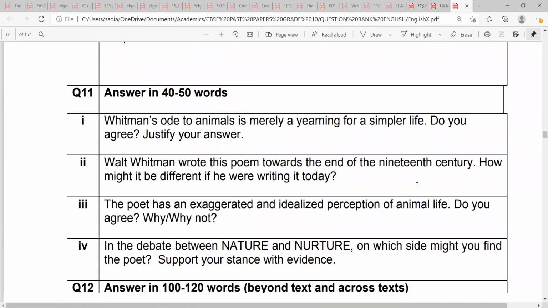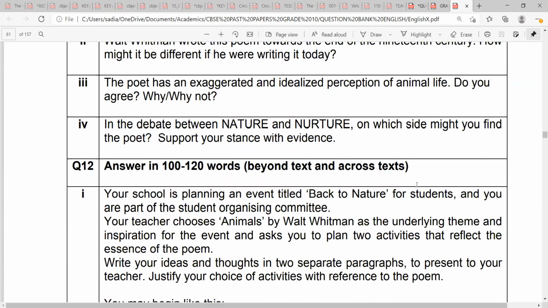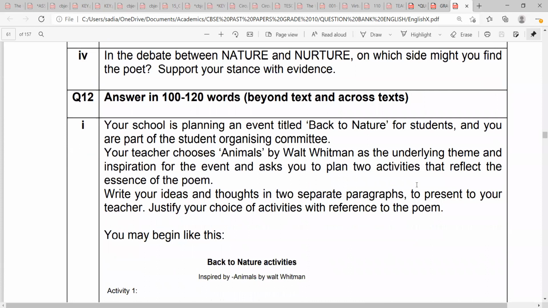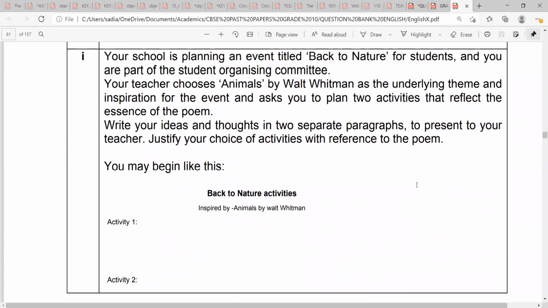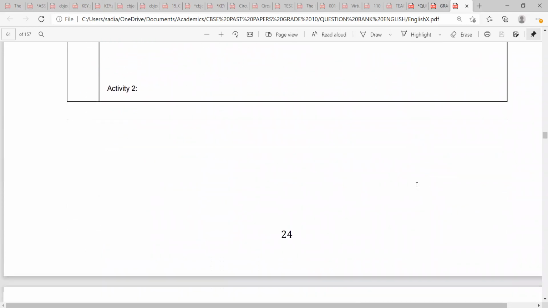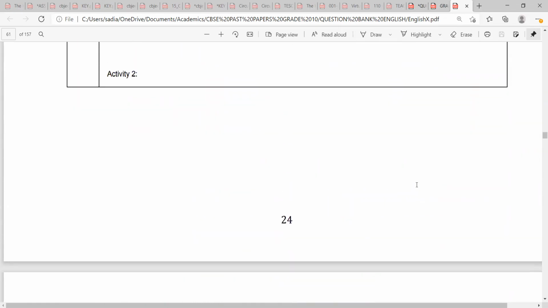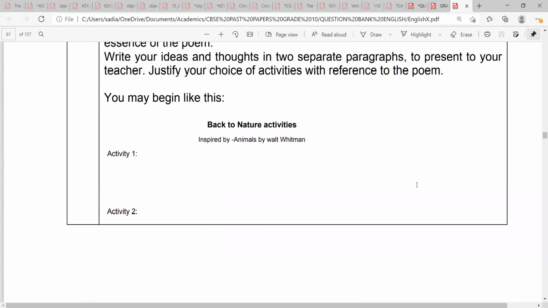And then 40 to 50 words questions. 100 to 120 words questions. Those are extrapolatory, beyond text and across the text. We have a writing format over here. Please be mindful of all the writing formats.